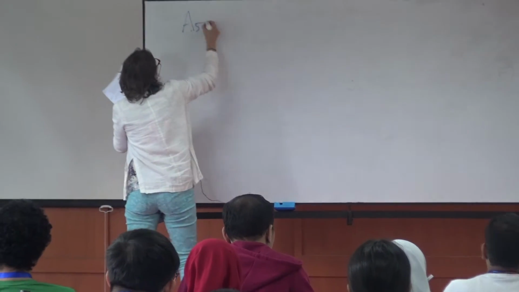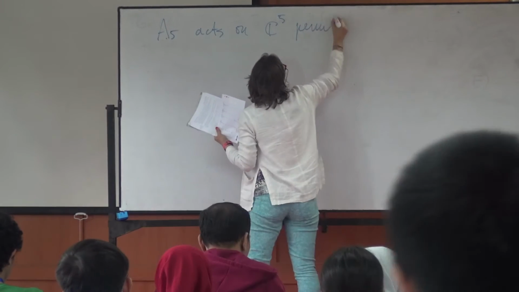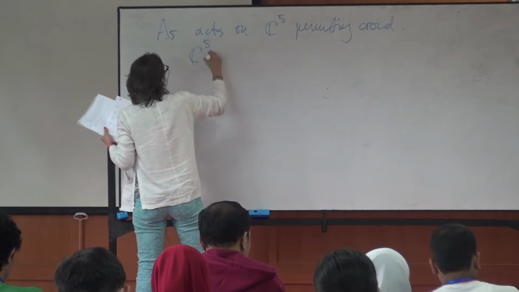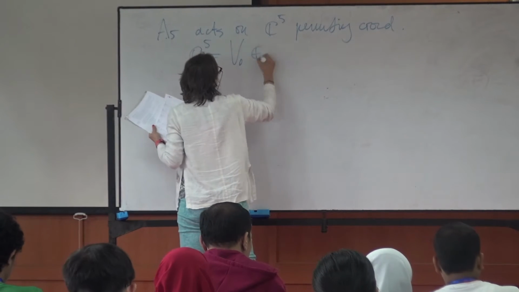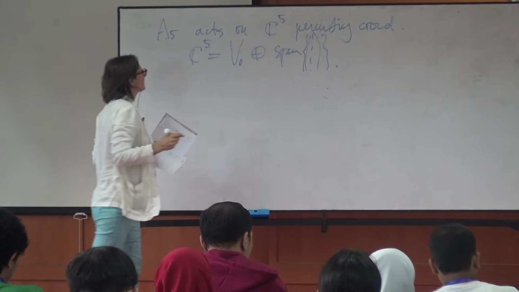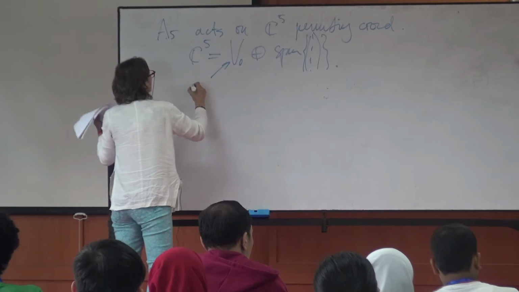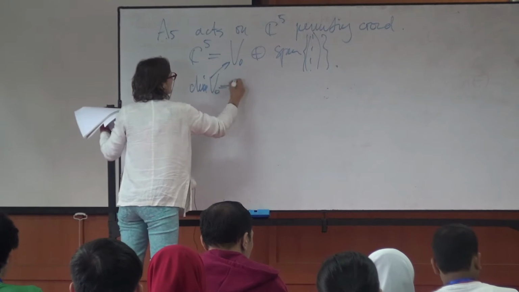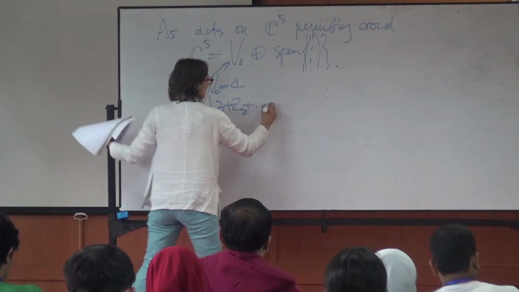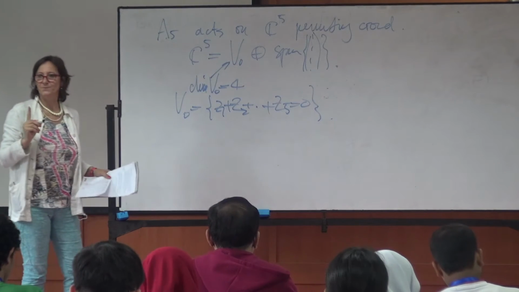So A5 acts on C5 permuting coordinates, and we know that C5 is V0 plus the span of all elements with the same coordinates, and V0 is an irreducible invariant subspace of dimension 4. V0 is exactly the hyperplane whose coordinates sum to 0.